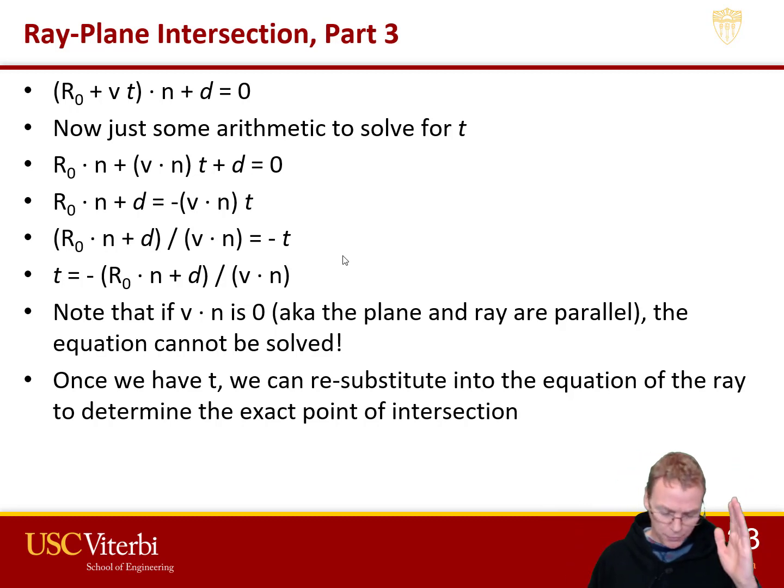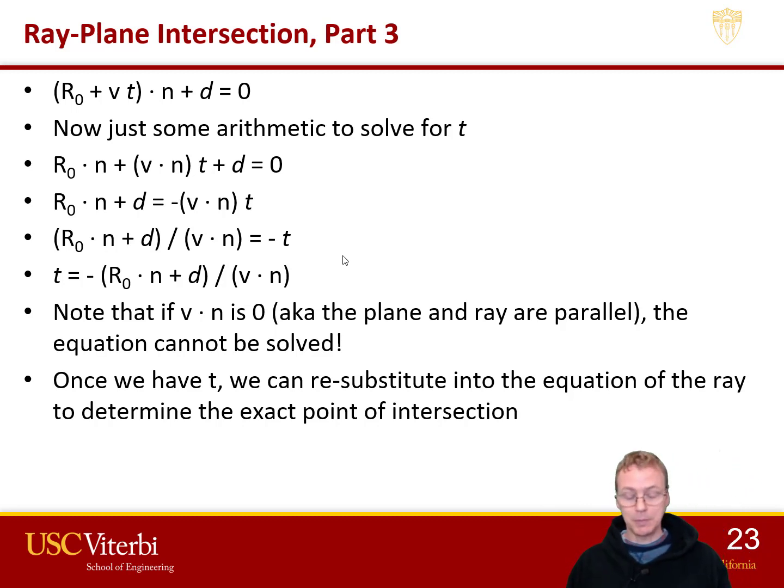So before I even type that, I'm going to need to type if v dot n is either equal to 0 or very, very close to 0, I don't want to do this division. So before I even do the division, I'm going to need to check, is v dot n equal to 0? And if it is, we'll set this aside and we're not going to do it.